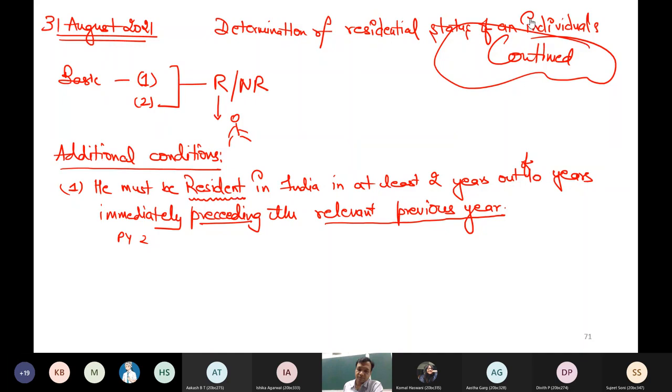Because of heavy rain, there are some problems in Wi-Fi also today. Anyhow, ignoring the current previous year, which is 2020-21, in the last 10 years.